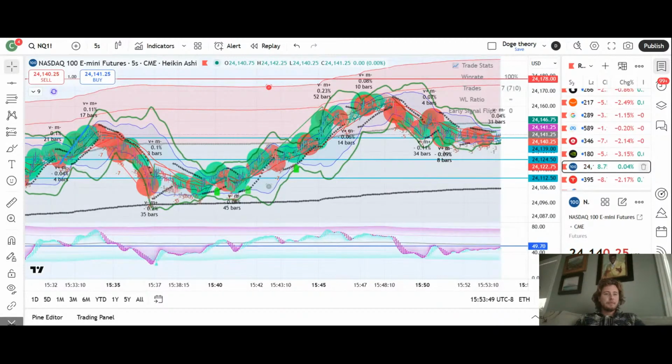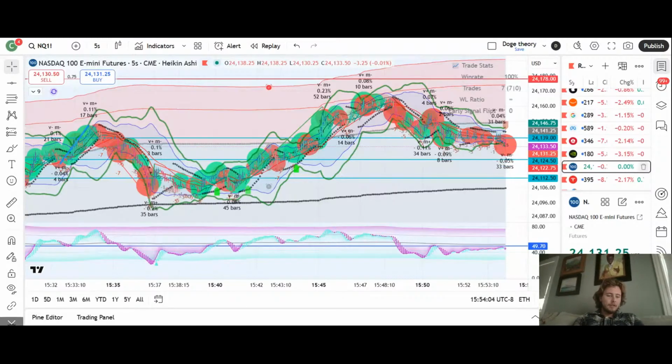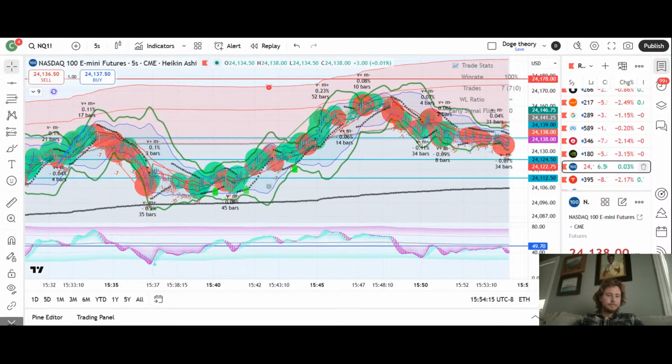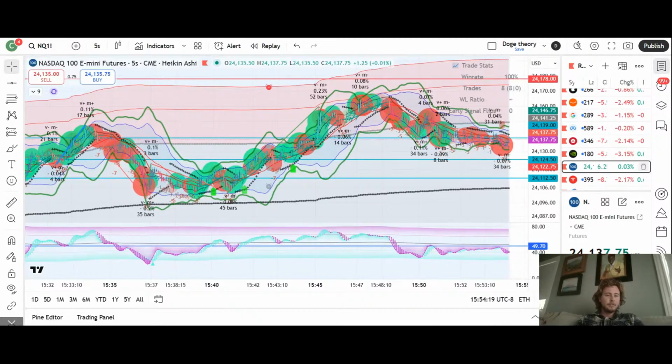So back to it. 263. And QZ. Copy trade. Place it right there.